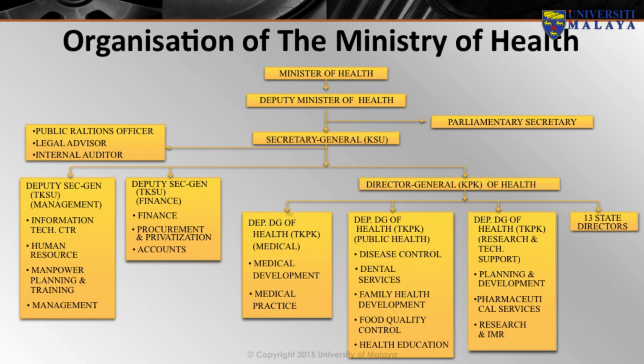Basically, he has several deputies to assist him, namely Deputy Director General of Health Medical, Deputy Director General of Health Public Health, Deputy Director General of Health for Research and Technical Support, and 13 State Health Directors.